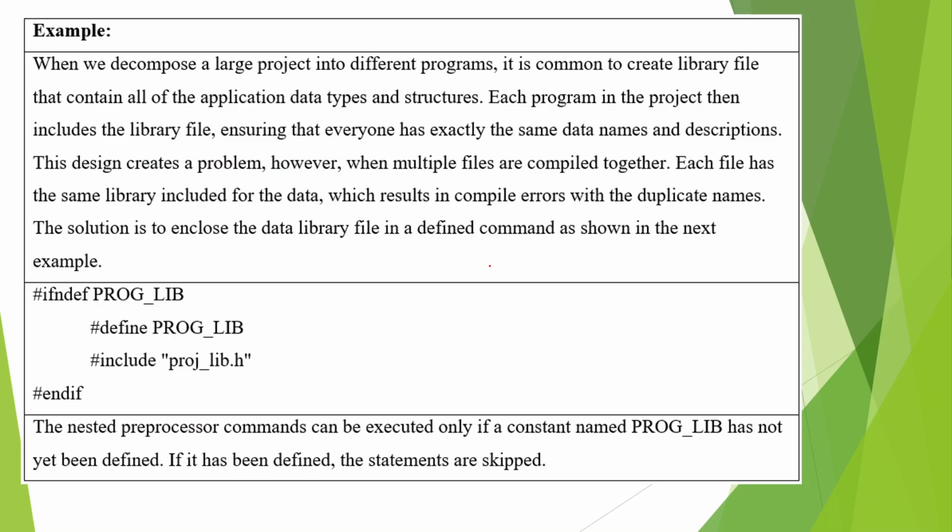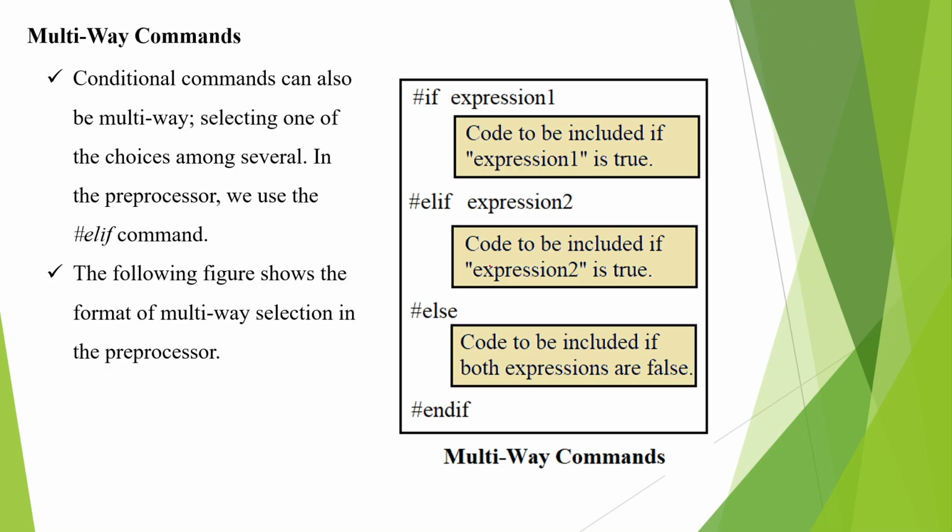Hope you understood. This is what I explained earlier: how we can avoid inclusion of the same header file again and again in multiple files. You can follow this approach. There is a possibility of multi-way selection also.